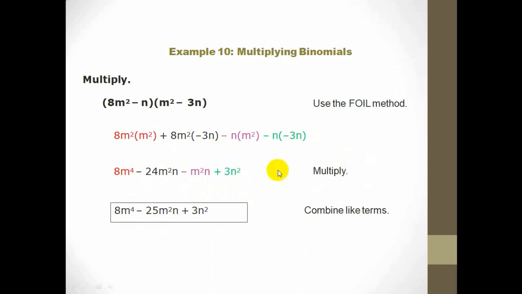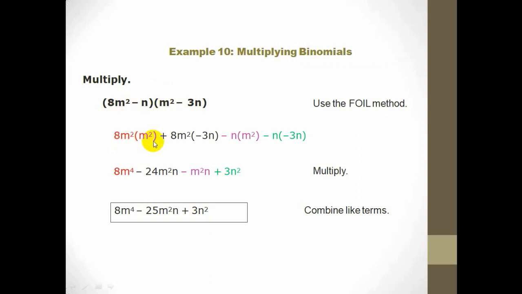Now another example, 8m square minus n into m square minus 3n. Similarly, we can multiply these binomials by using the FOIL method. First of all, multiply the first terms, 8m square multiplied by m square.